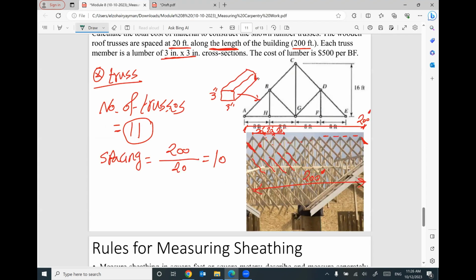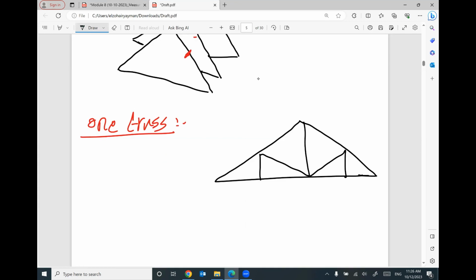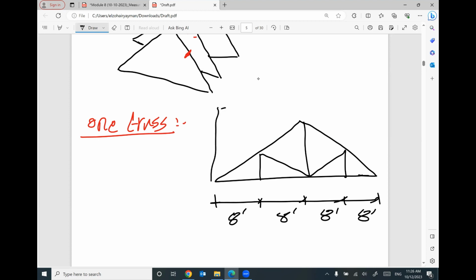The given dimensions, 8 feet, 16 feet. 8 feet, 8 feet, 8 feet, 8 feet, and this one 16 means we have 8 and 8. The cross section for one member is 3 by 3. Is it correct? 3 by 3, yes.